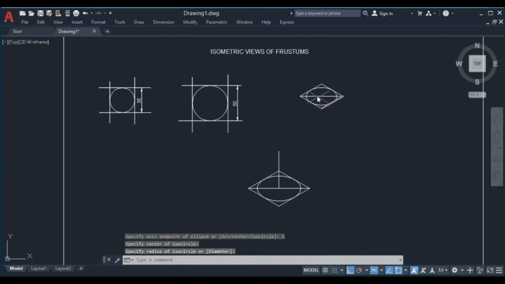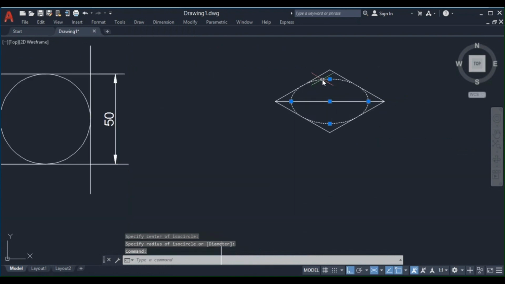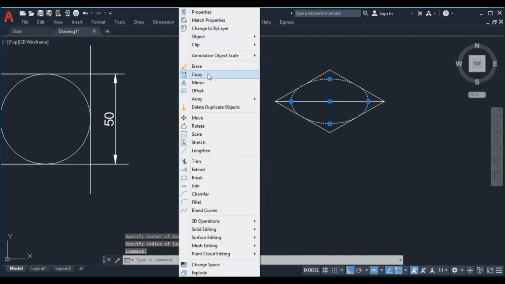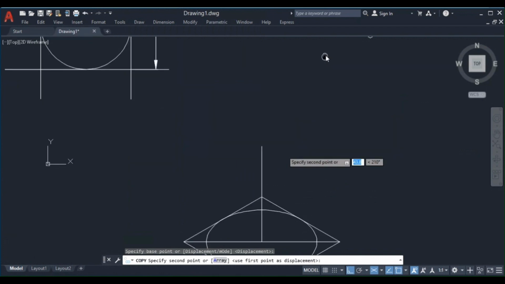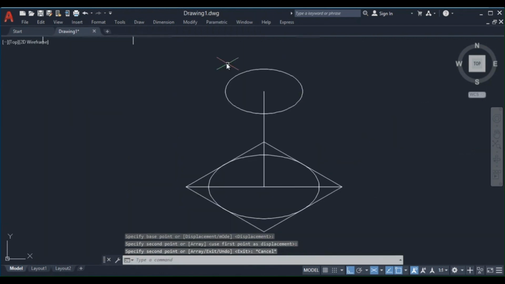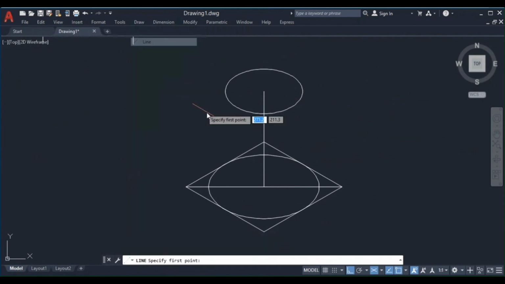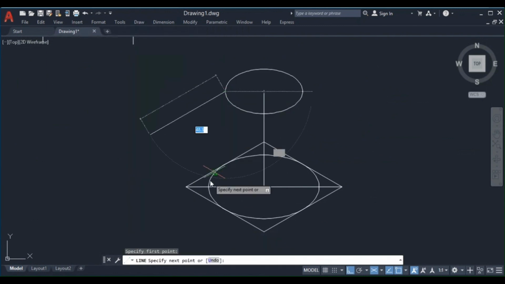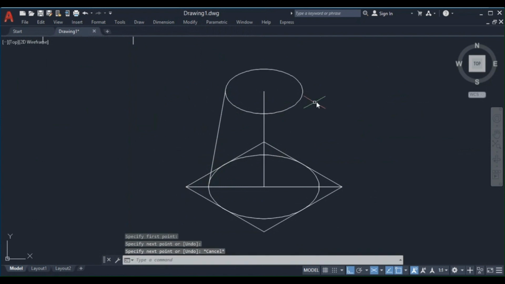Now copy this ellipse, modify, copy it from this center point and keep it here. Now join with the tangents. Here join with the tangent and here join with the tangent.